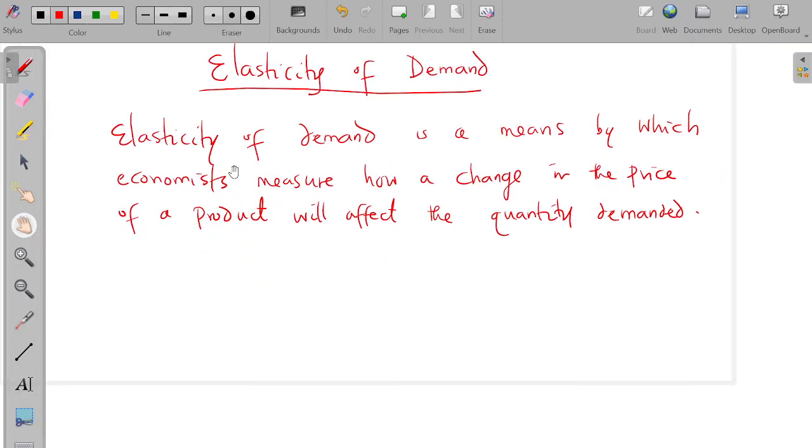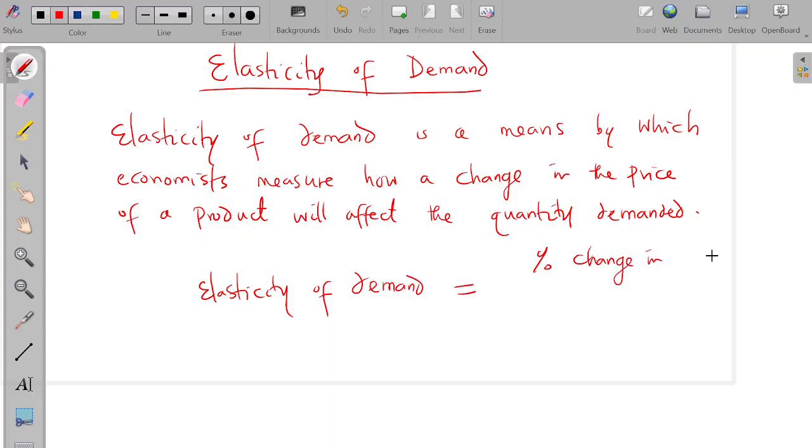Okay, so we have that elasticity of demand is equal to the percentage change in quantity all over the percentage change in price.